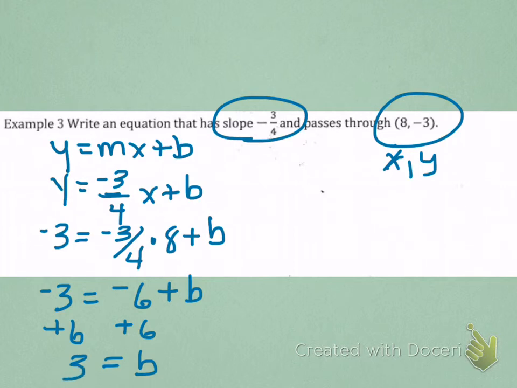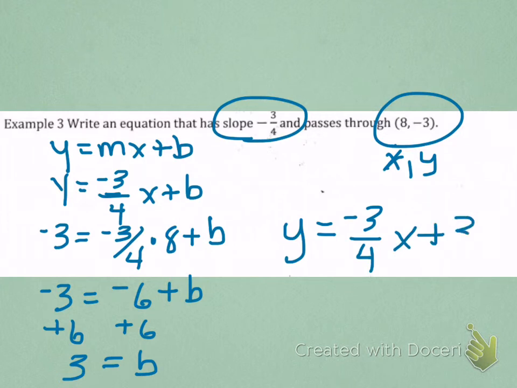And I get 3. So I write my equation, y is equal to -3/4 for the slope, x plus 3 for b, which would then be the y-intercept.